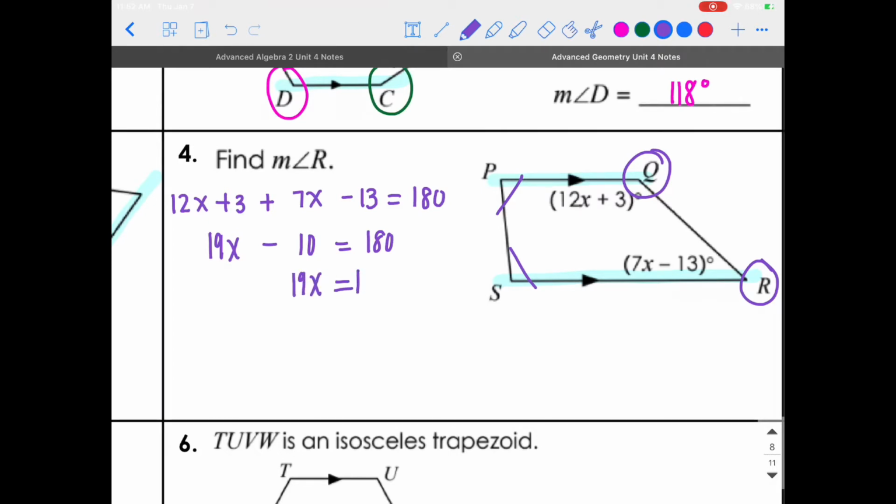Add 10 to get 19x equals 190. And then dividing by 19 gives me x equals 10. But we are asked to find angle R. So the measure of angle R equals 7 times 10 minus 13, which is 57 degrees.